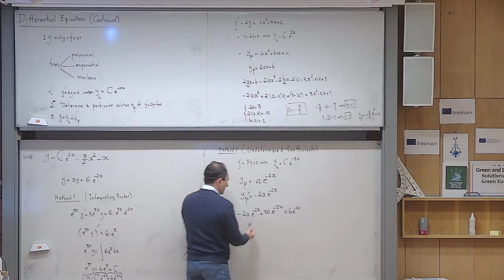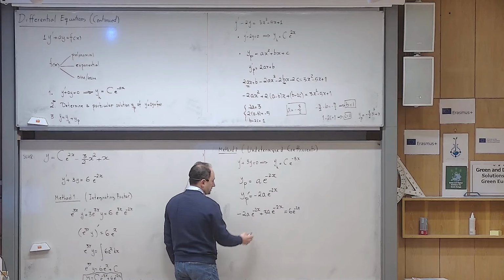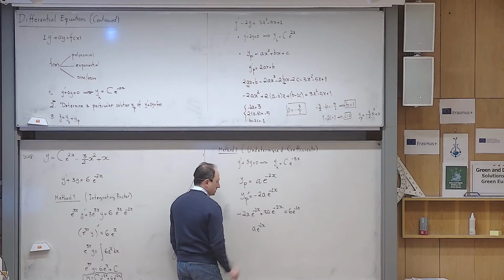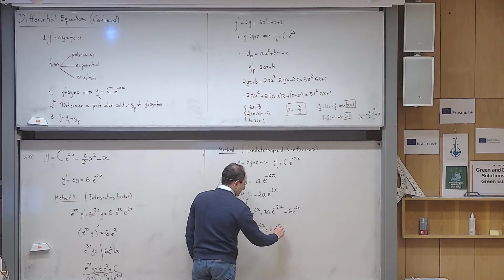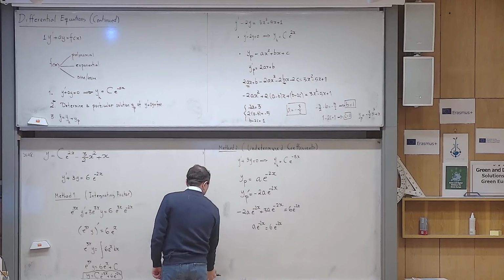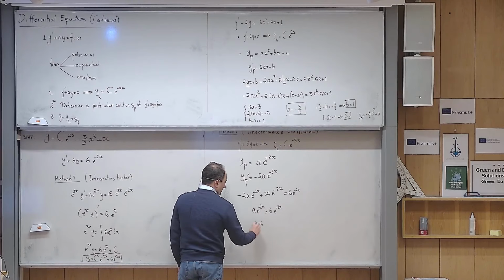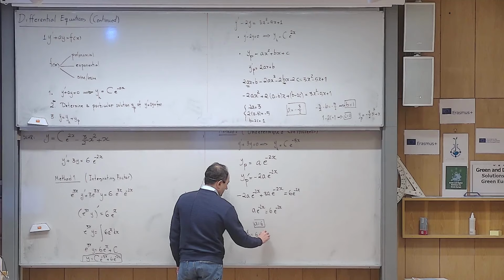And then you see that I can combine them. I have 3a of this expression minus 2a of the same expression, so it becomes a e to the power of minus 2x. And this is supposed to be 6e to the power of minus 2x. By comparing them, you can see that a should be 6. When a is 6, yp is clear. Yp is 6e to power minus 2x.